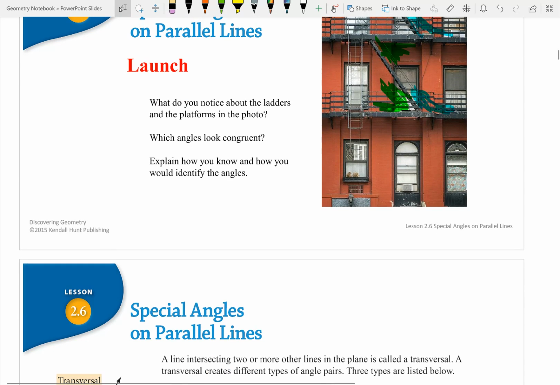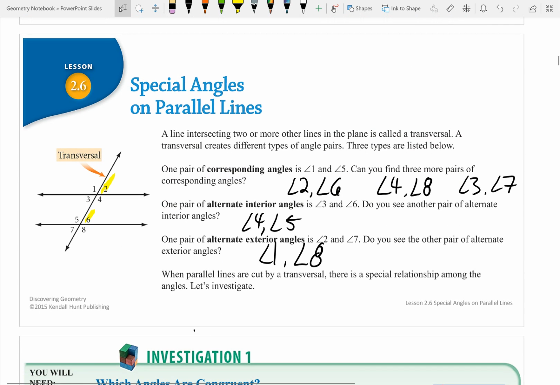Okay. This is a very important slide to make sure that we get in your notes. So that diagram to the left that says transversal. Again, if I have two parallel lines, and they're cut by a transversal, then there are some vocabulary words to describe the relationship between the angles on the top and the angles on the bottom.